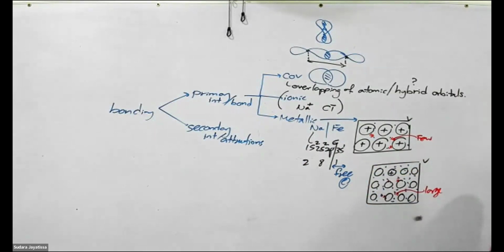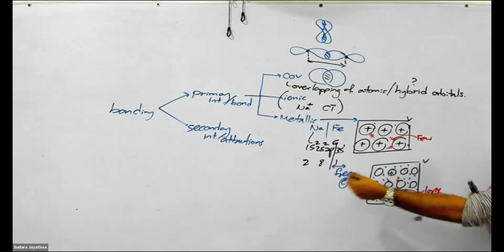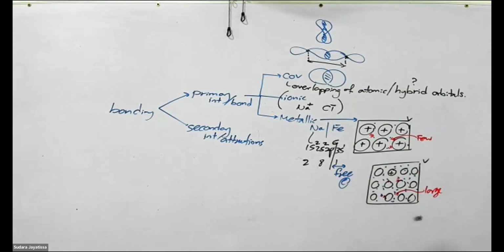So it can conduct. And those are not rigid bonds, you can't break them easily. You can make them into sheets and draw them into wires, because it is flexible, and they maintain the strength also. This is the model.